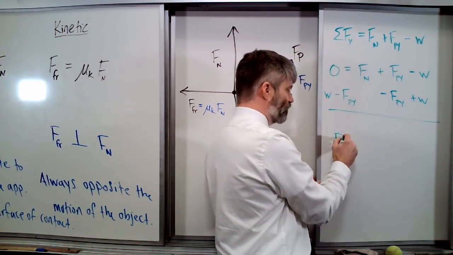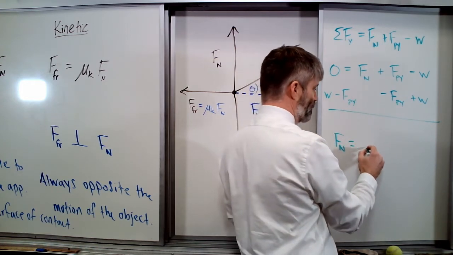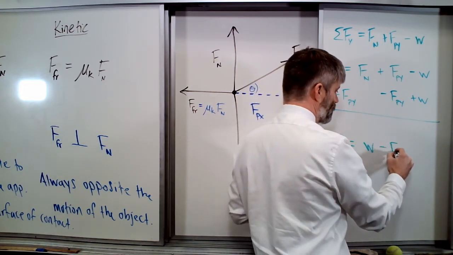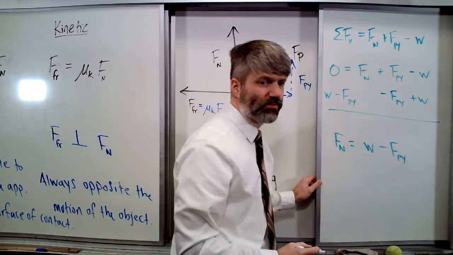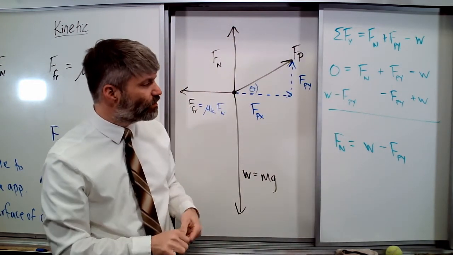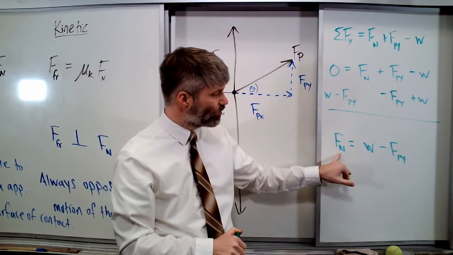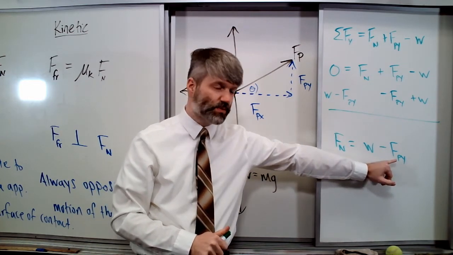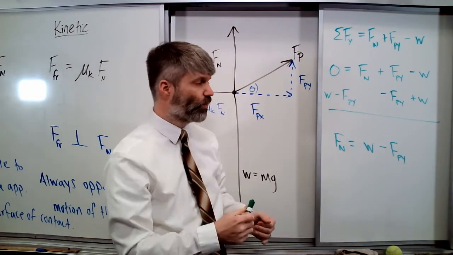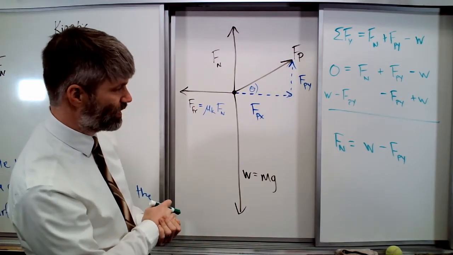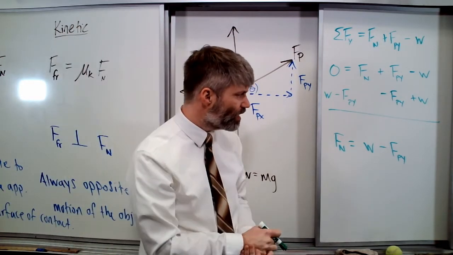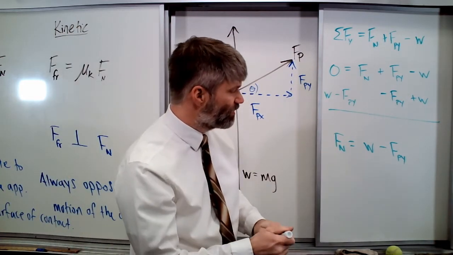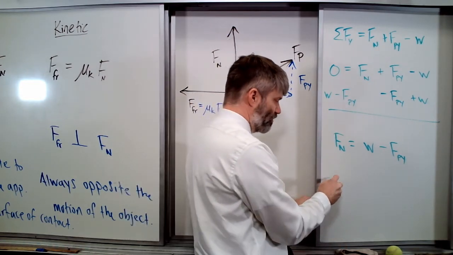We'll see that the normal force is equal to the weight minus F_Py. So we can see clearly from this that the normal force is no longer equal to the weight. It is less than the weight because we're subtracting the magnitude of the y component of the force in this case. Now let's just insert what F_Py is.